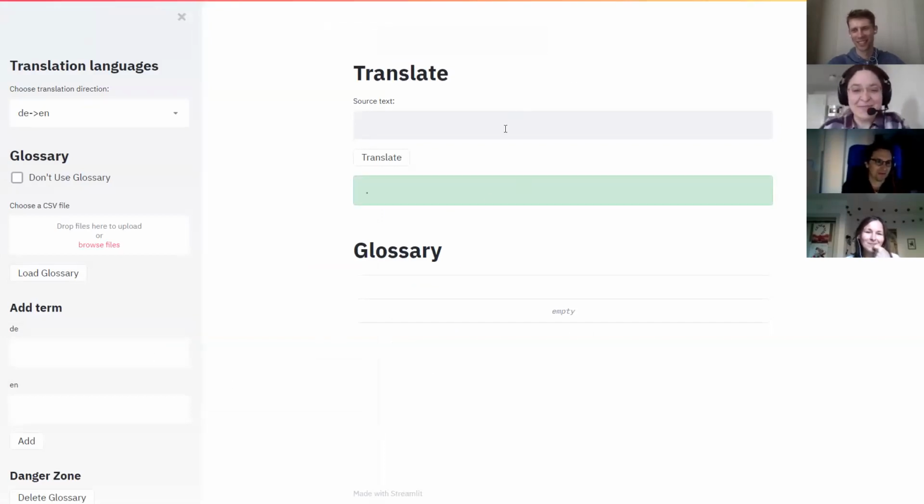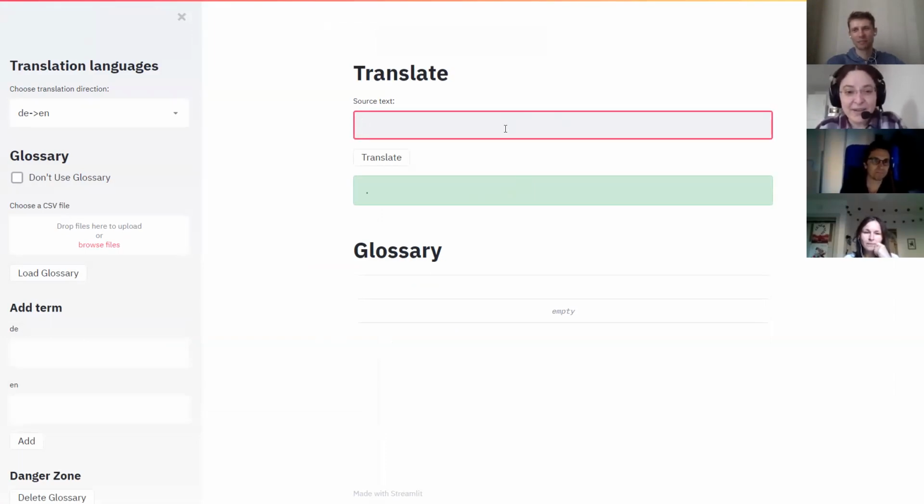So this is a prototype that I built using Streamlit, which, for anybody out there working with Python, is a really nice, easy to use library for making front ends when you're not a front end engineer. It's a bit limited in the scope of what you can do with it, but it was nice to make this prototype.